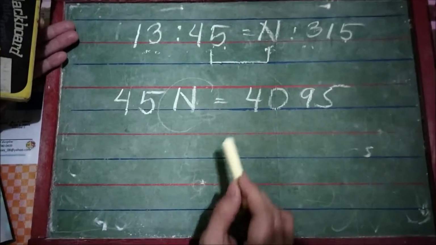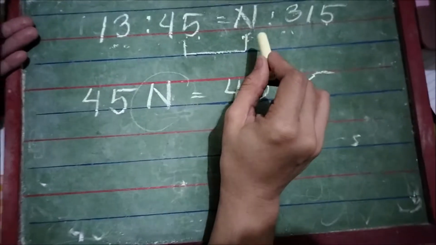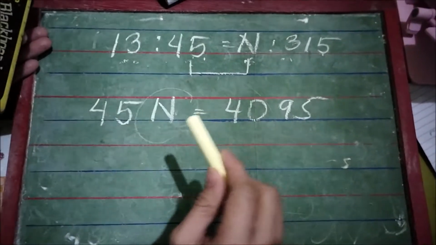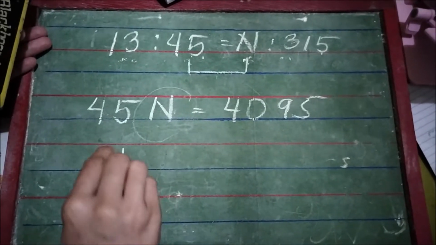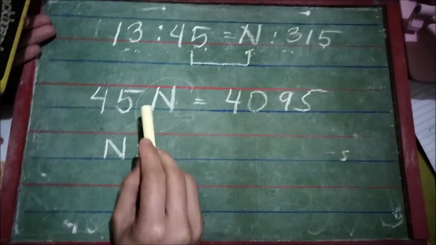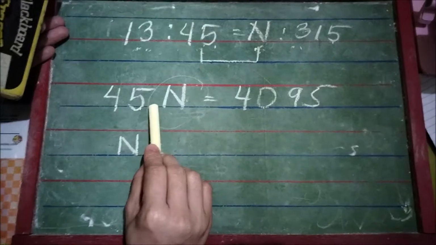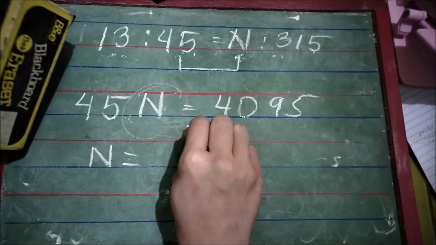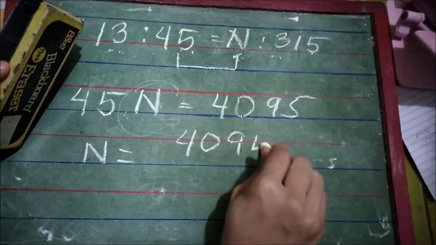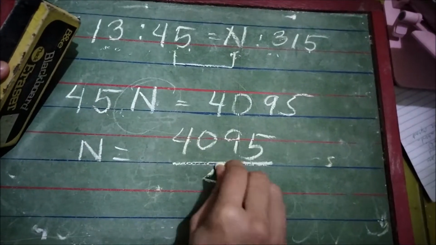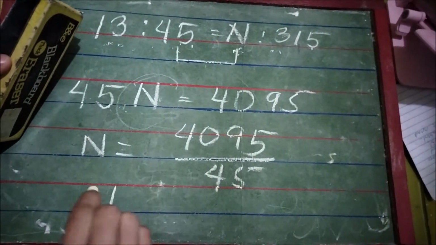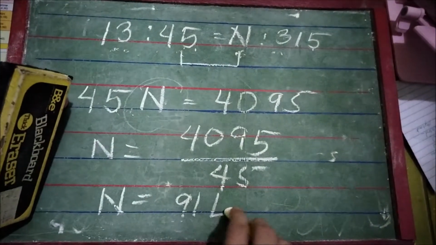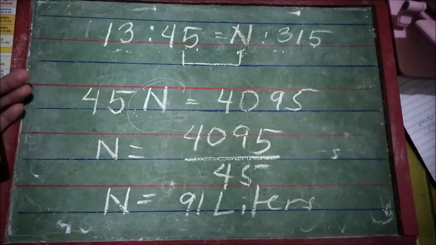If you are going to use this ratio form, we are going to use working backward. Our missing variable n is equal to, if this is multiplication, we're going to make it division. So n is equal to 4,095 divided by 45. If we divide, our n will be 91, and of course the label is liters. 91 liters.